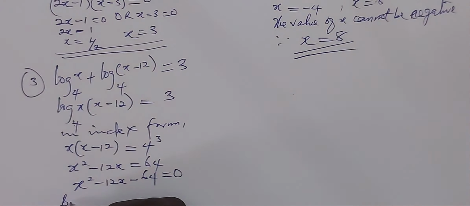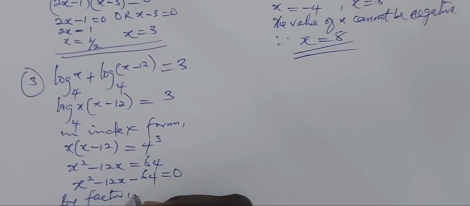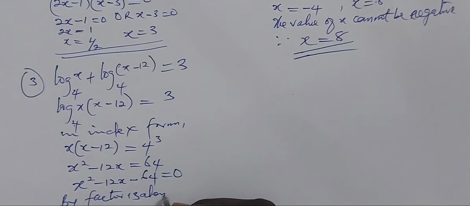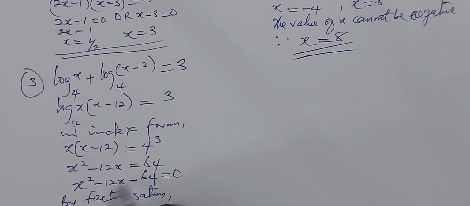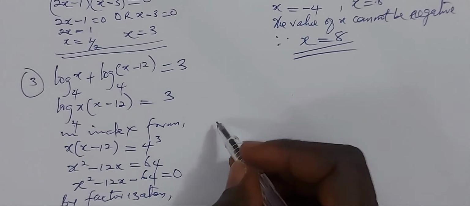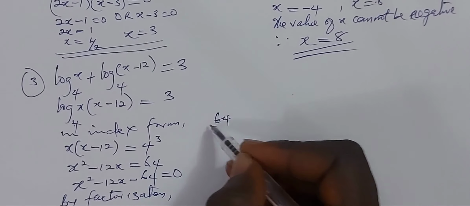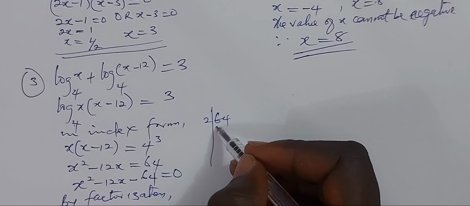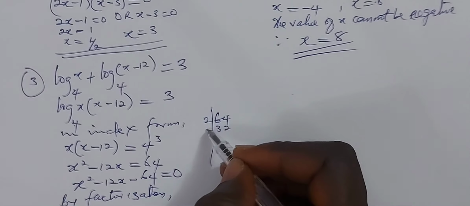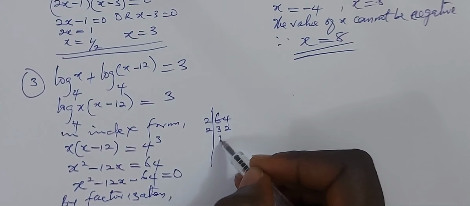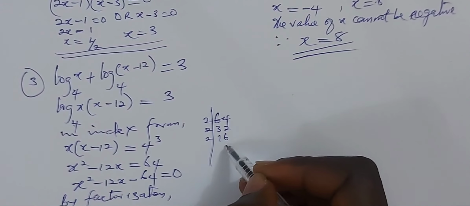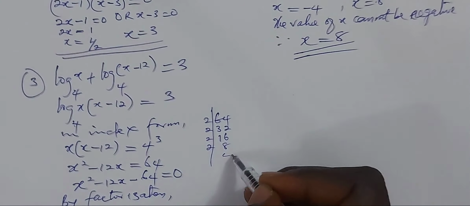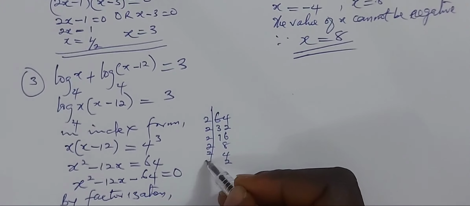So let's check and see by factorization method. You find the factors of this. The coefficient of this one is already 1. 1 multiplied by 64 is 64. So you divide your 64. You have 2 here, 32, 2 again, 16, 2, 8, 2, 4, 2, 2, and 2.